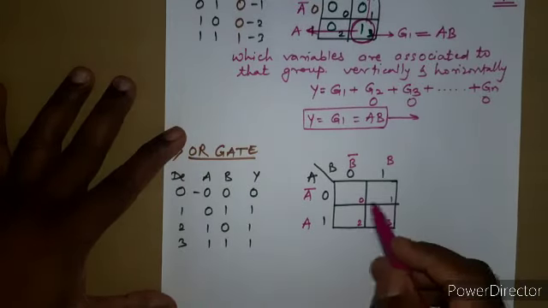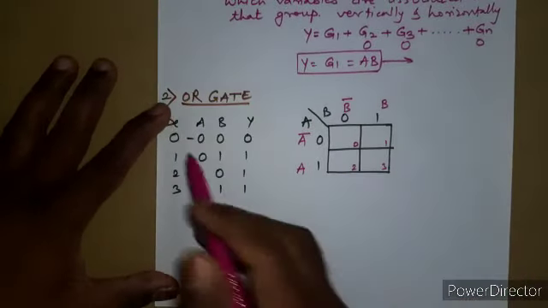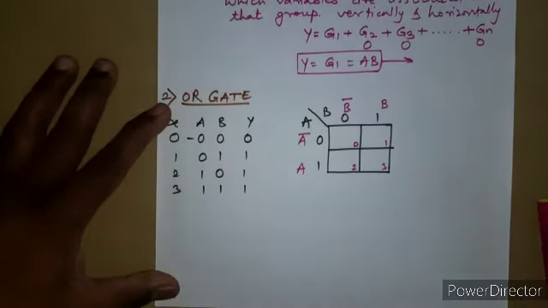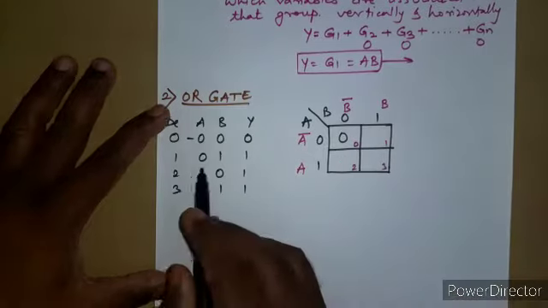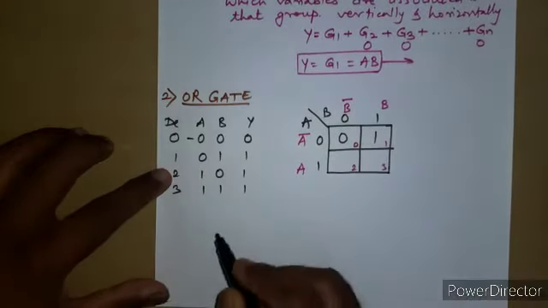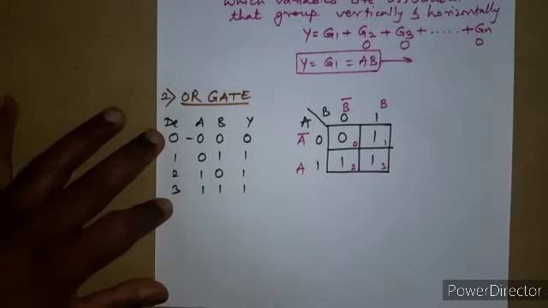Right? Cell numbering, as we have seen, is very important here. Now 0 represents this 0. Then 1 represents 1, 2 represents 1 and 3 represents 1.